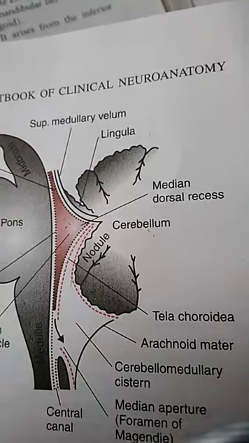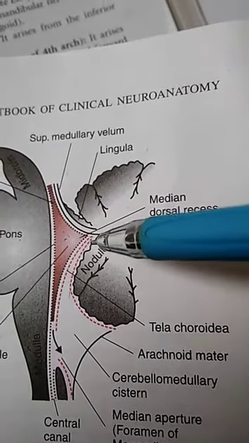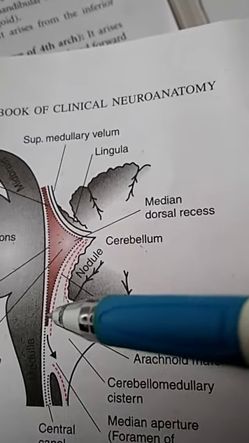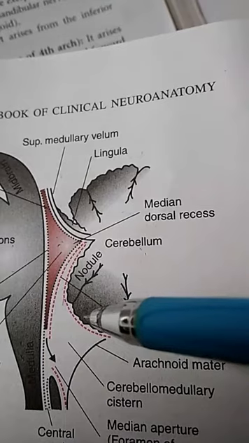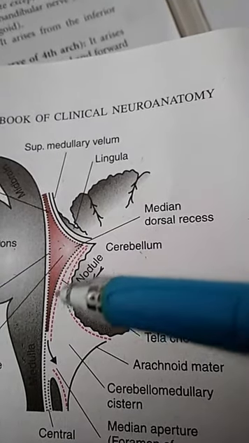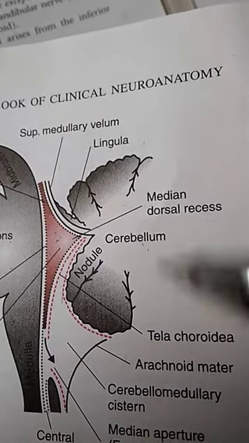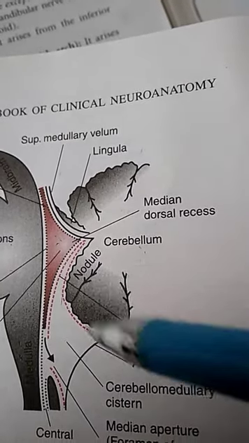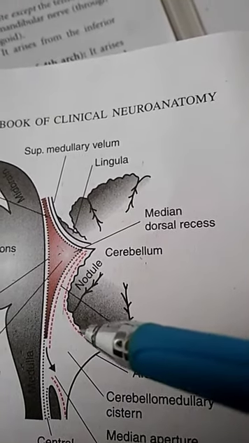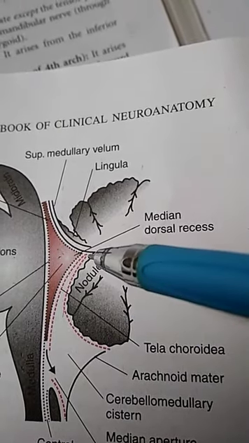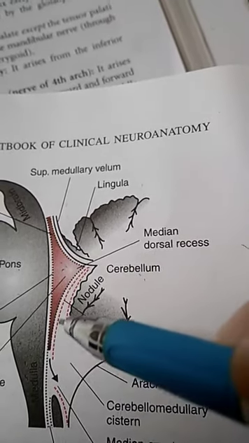As you can see over here, the tela choroidea is a double layer fold of pia mater which lies between the inferior vermis of the cerebellum and the lower part of the roof of the fourth ventricle. The dorsal layer of the tela choroidea lines the inferior vermis of the cerebellum, which on reaching the nodule gets reflected upon itself and forms a ventral layer.